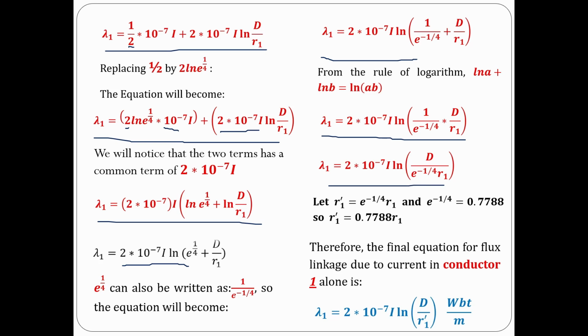Now let e to the negative 1/4 times R1 be equal to R1 prime, and the value of e to the negative 1/4 is equal to 0.7788. So R1 prime is equal to 0.7788 R1. Therefore, the final equation for flux linkage due to current in conductor number 1 alone is equal to 2 times 10 to the negative 7 i ln D over R1 prime in Weber-turns per meter.